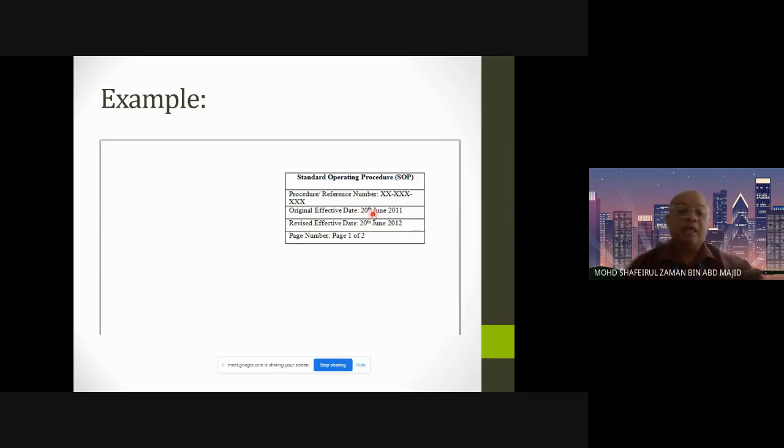But if you're reading the situation given to you, and it is stated there that the date of the original SOP was on this day and it was revised for the first time on this particular date, then you have to do it like this. So it depends on the context or the situation given to you for assessment 2A.